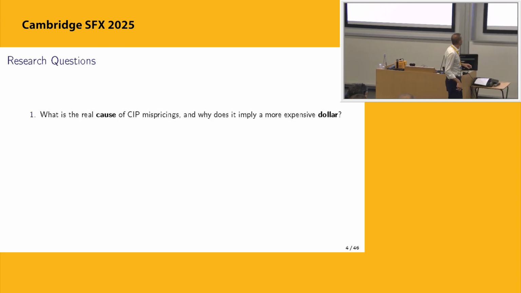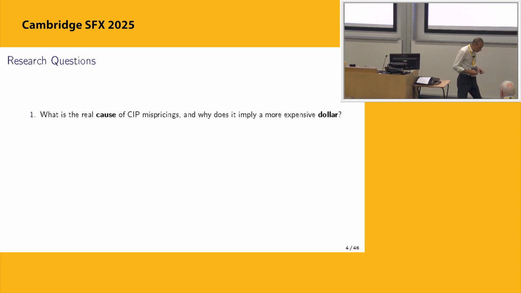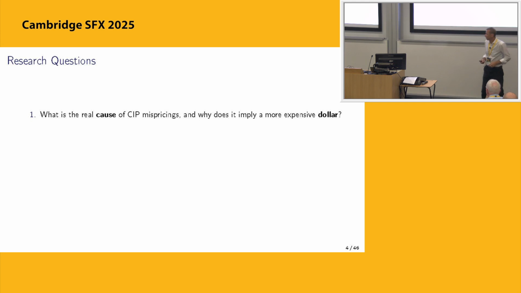Let me set out the main research questions. The first is: what is really driving the CIP basis, this mispricing, and why does it imply a more expensive dollar?